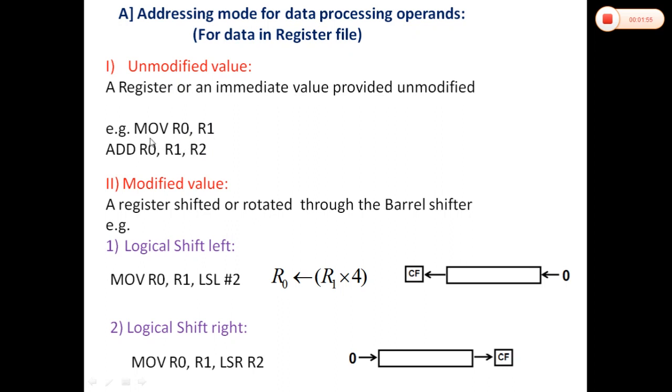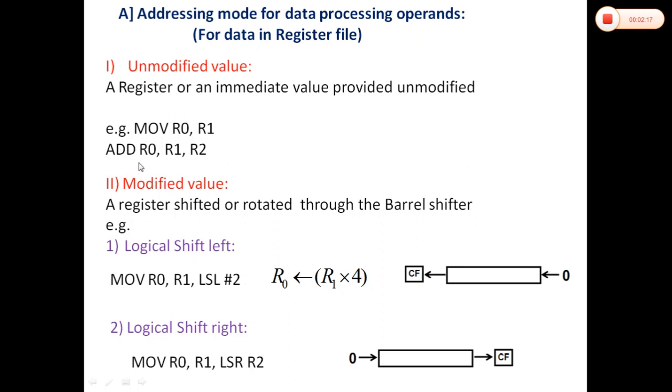For example, if you consider the instruction MOV R0, R1, the data from register R1 is moved to R0 without any additional modification. So here it may be a register which contains 32-bit data, or it may be an immediate number, but that operand is used without any modification for this operation.